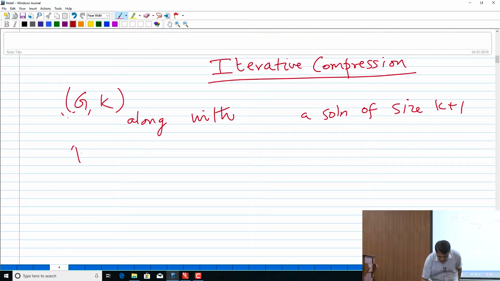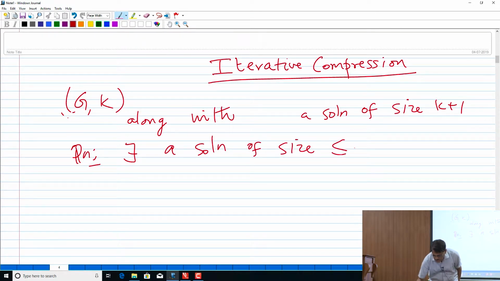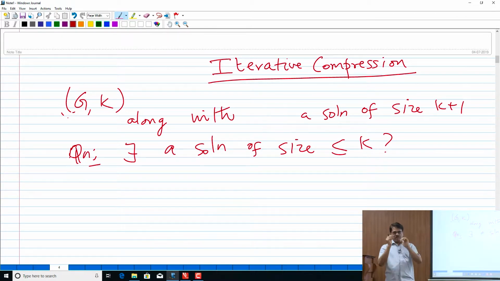Now I ask the same question. Does there exist a solution of size k? Okay, I have simplified my problem a little bit now. You are given a graph where I am trying to find something of size at most k.